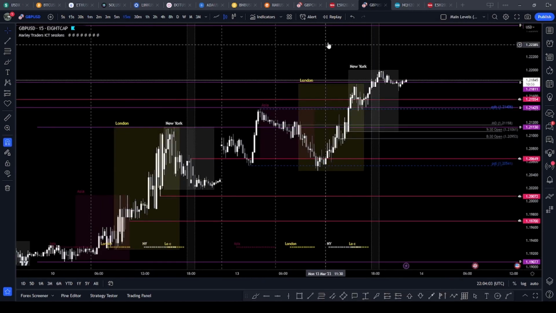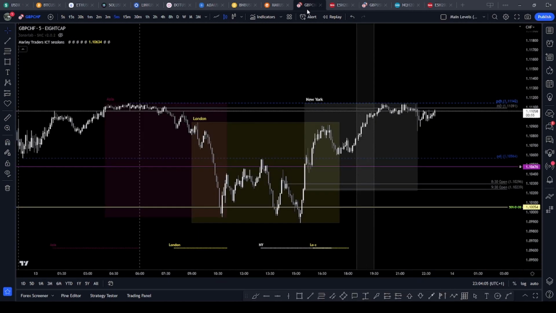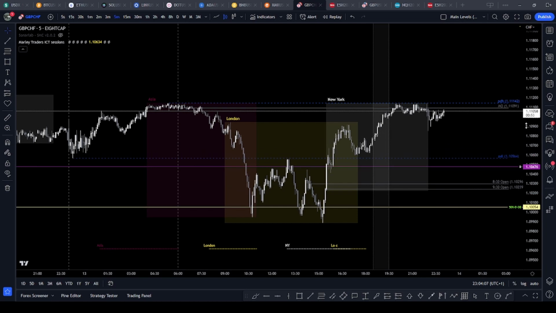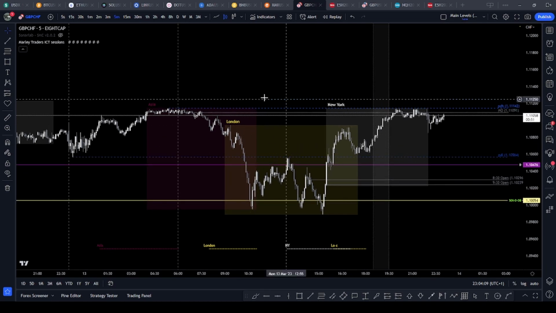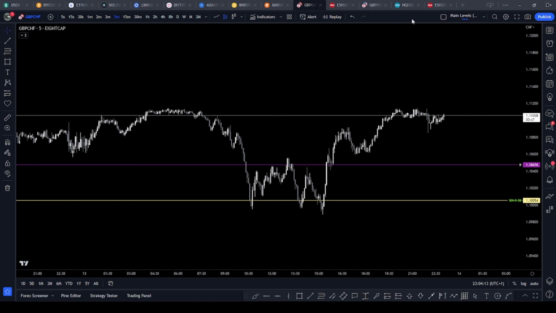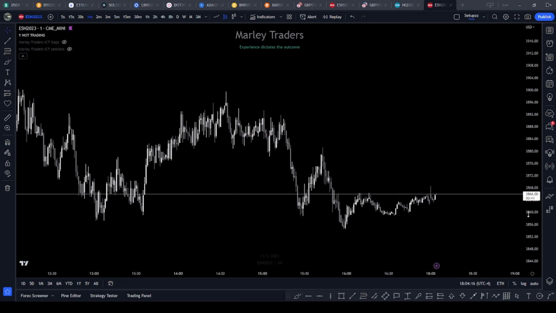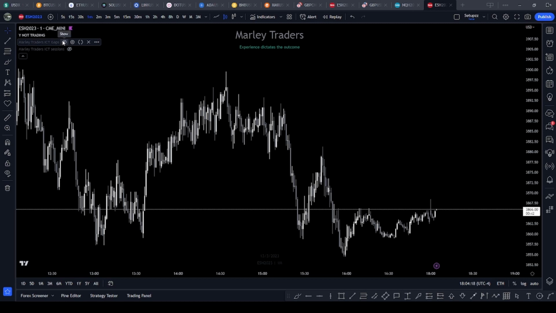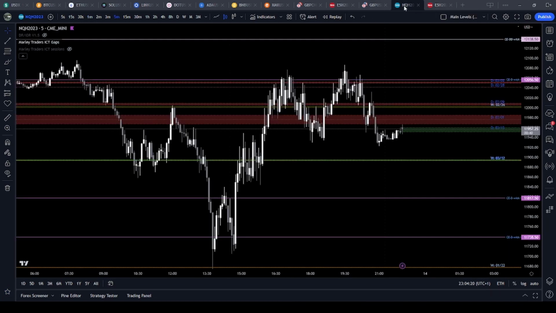So yeah, if you have any questions, you just contact us on Discord, and you have access to these babies. So this is literally how we use it. Also on Nasdaq, let me see. Yeah, you can also see it working there.